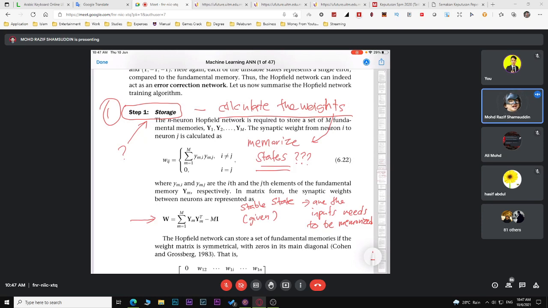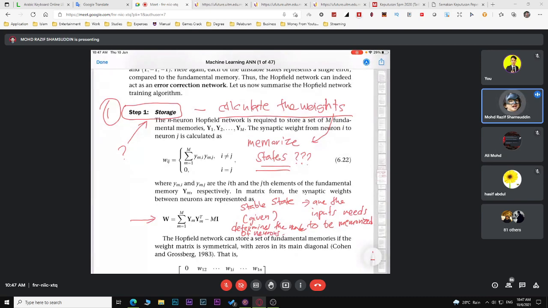Right, so contoh yang dalam nota ni, stable state tu dia ada dua kan, Y1 dan Y2 di atas. Stable state also determines the number of neurons.